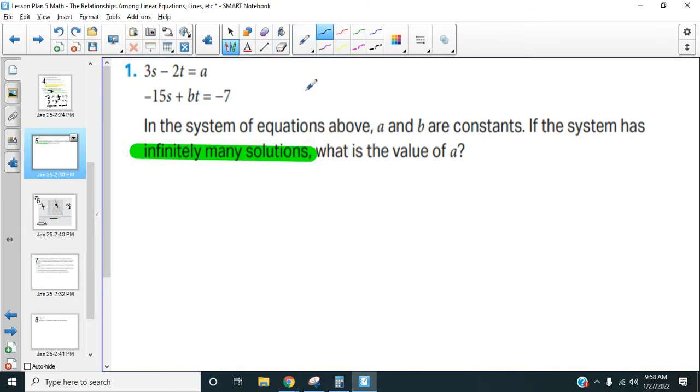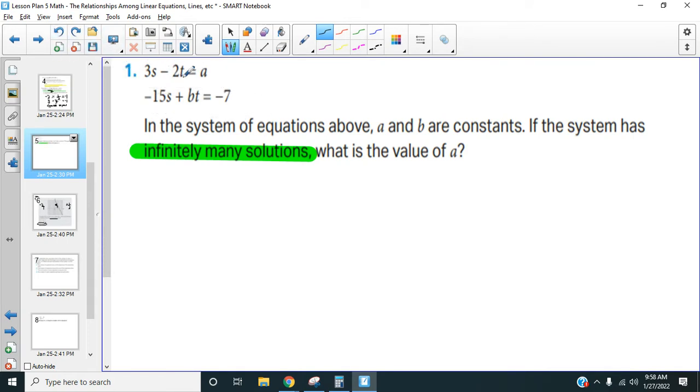What would that look like if you had an equation? Good. Same equations, right? In order to make that happen, if you used elimination, for example, you'd end up with 0 equals 0, right? So in order for that to be true, we would want these two equations to be the same. This one to be exactly the same as this one.